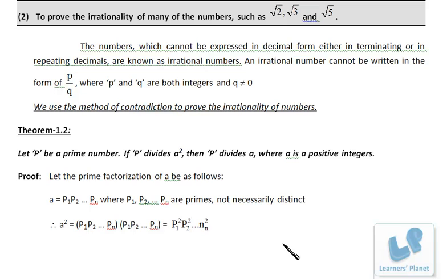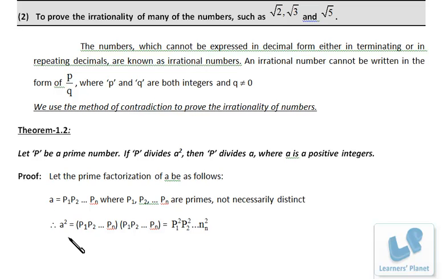Now let's discuss the proof, and this proof will not be asked in the examination. It is just given in the NCERT textbook, so I'm discussing it over here. So here, see, we take any number, maybe a, right? And a number can be factorized, and the factors of a are p1, p2 till pn, where every p is a prime number, and not necessarily distinct, right?